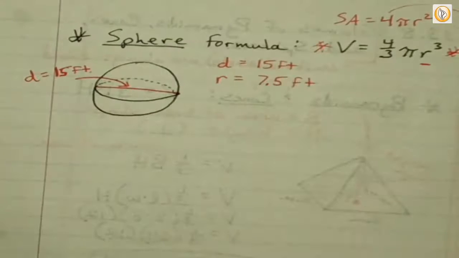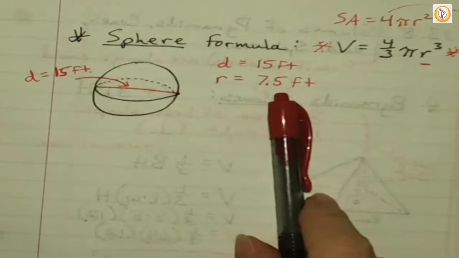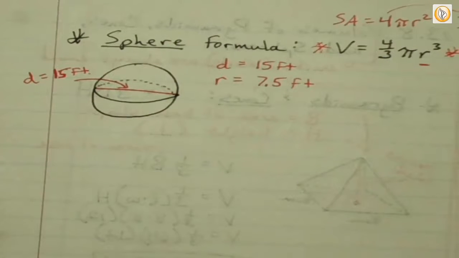So if the diameter is 15 feet, then half of that is 7.5 feet. Does everyone see that? Do you see that, Izzy? Okay, good. Cecilia, do you see that? Joanne? Michael, do you see this? Okay. Whit, do you see it?